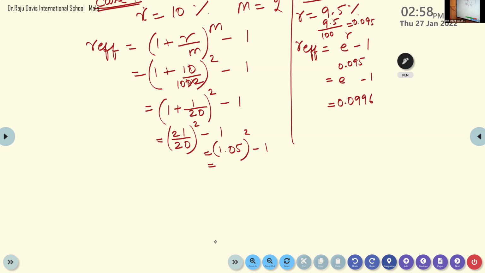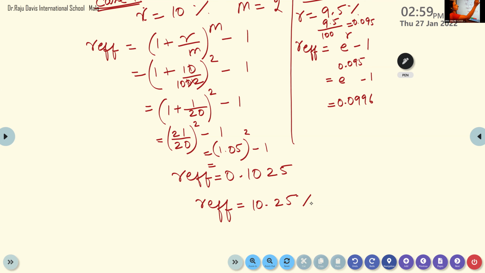What is the answer, children? 21 by 20, the whole square, is 1.1025. So this is R_eff. In percentage, the effective rate will be 10.25%. So which is more?